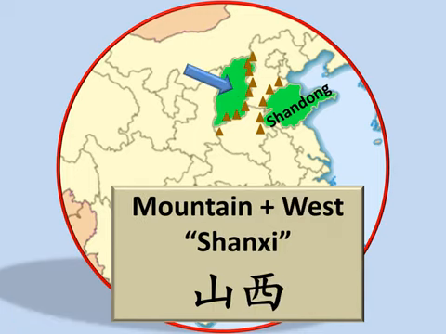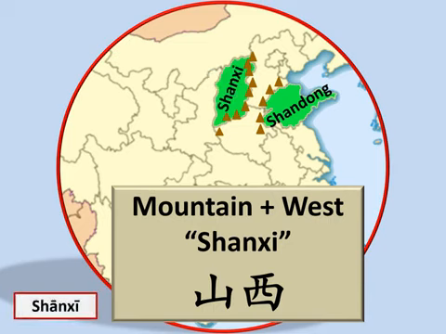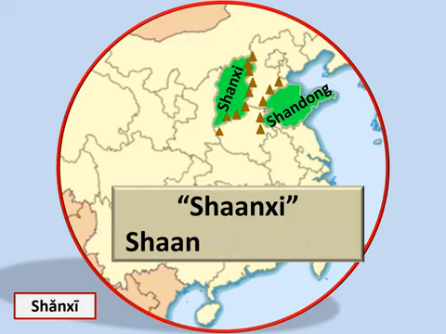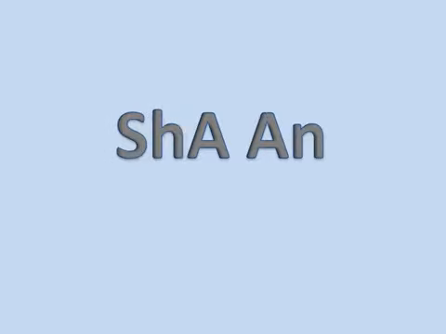Mountain and west give us 山西, the name of the province to the west of the mountains. Nearby is a province called 陕西. Although 陕 sounds much like the word for mountain, it is not. Imagine those 2 letter A's as 2 mountains with a road, path, or river running between the peaks.